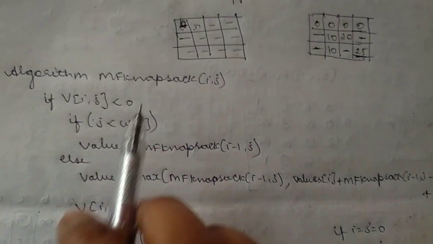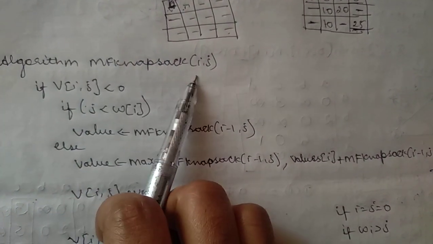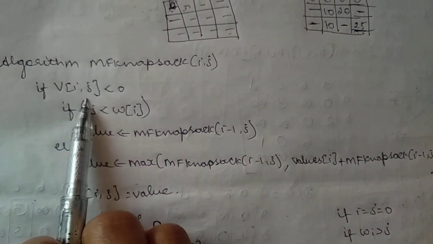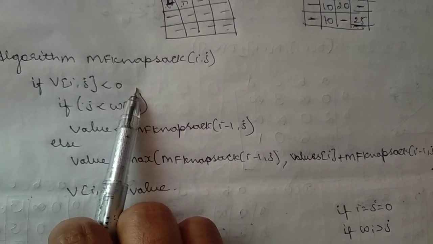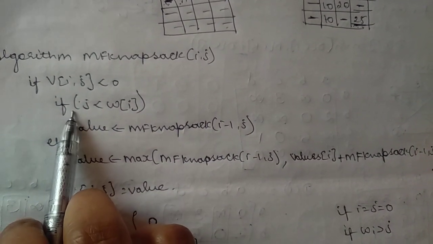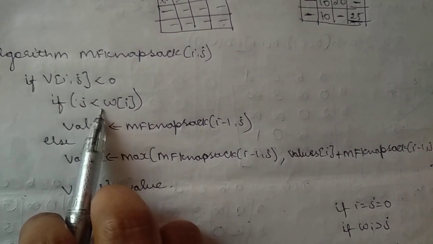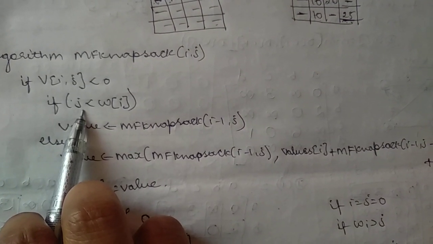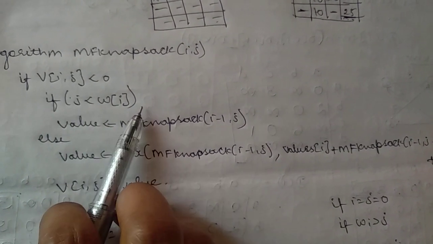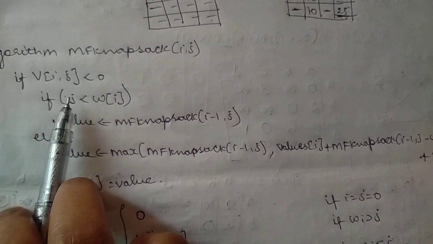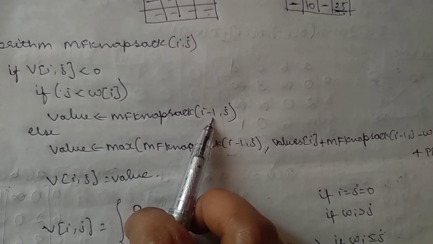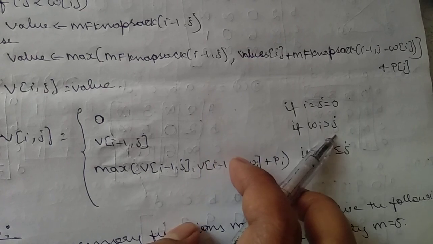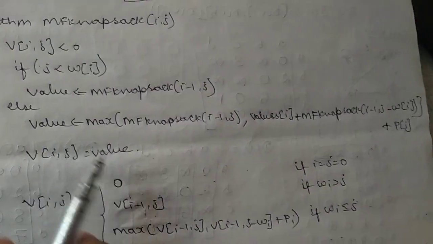Now let me see the algorithm for this one. Algorithm MF knapsack of i, j: if V of i, j is less than 0, then if j is less than Wi, that is your remaining capacity is less than the weight, that is weight is greater than j, then what you have to do is MF knapsack of i minus 1, j.